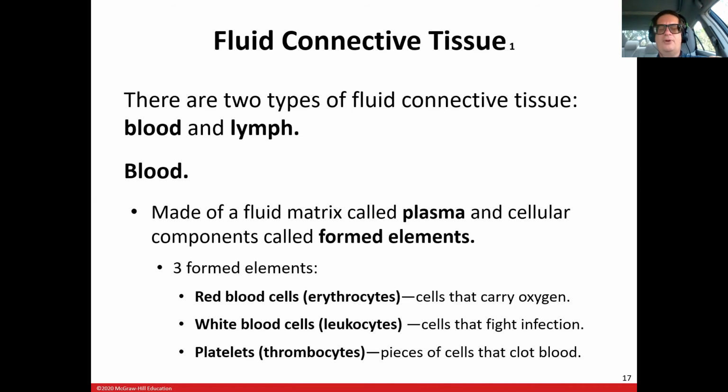The first part of forming a clot is a lot like having branches across a stream, and everything starts to back up behind it. That's the first step of making a clot. So these thrombocytes, these platelets, are cell fragments that help to collect everything.